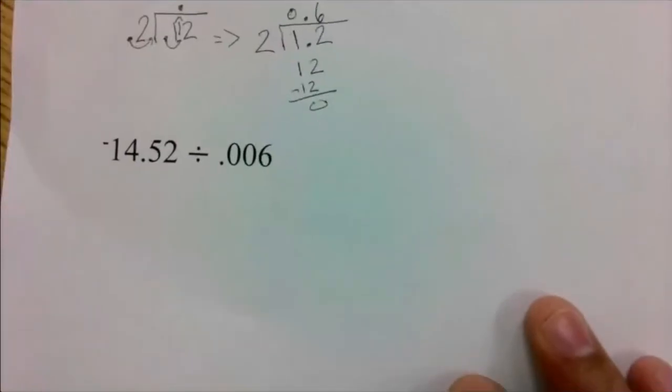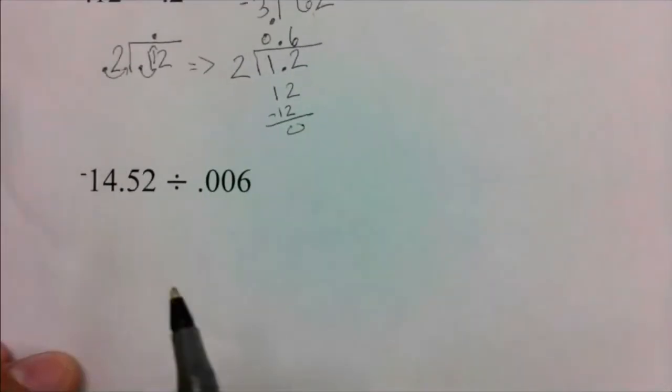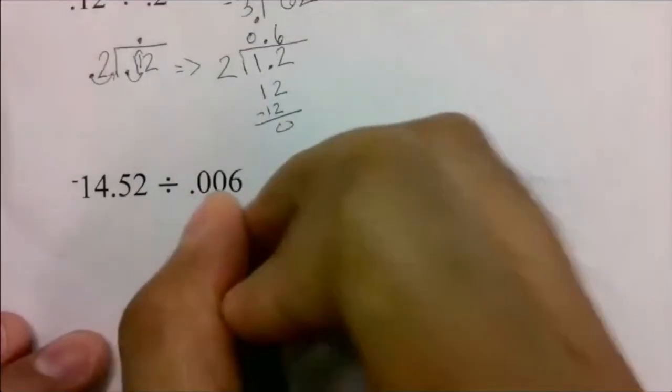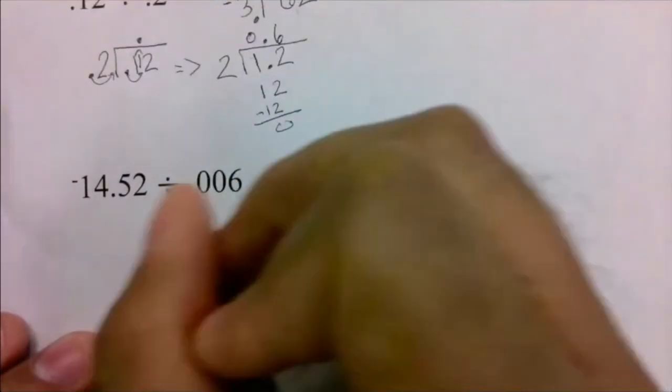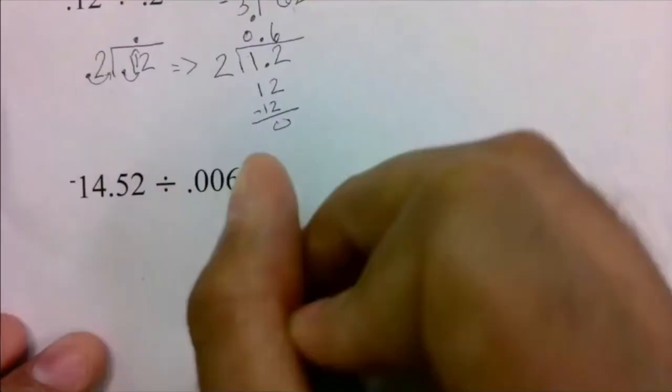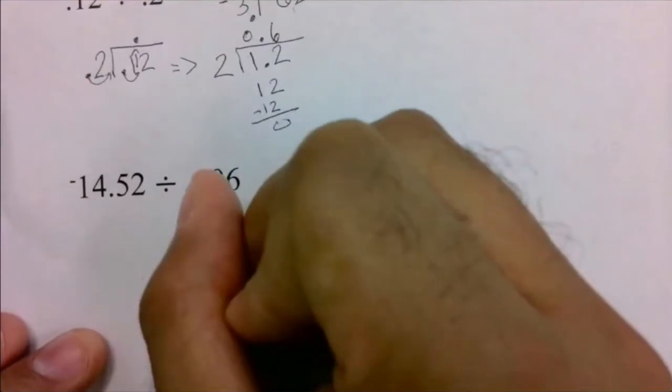Here we have negative 14.52 divided by 0.006. All right. So divided by, I know that 0.006 is going to be on the outside of our box.